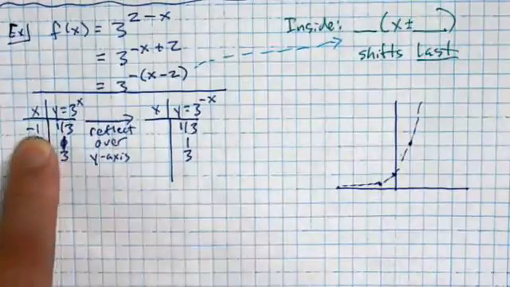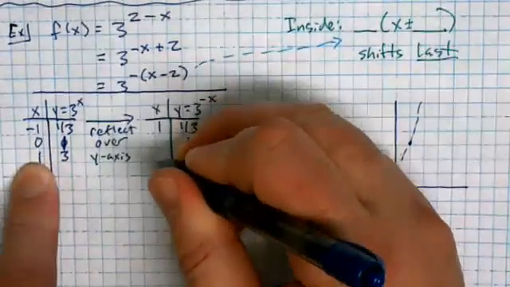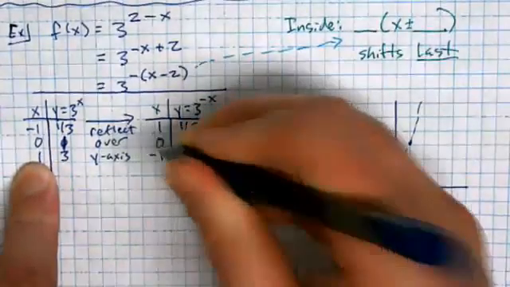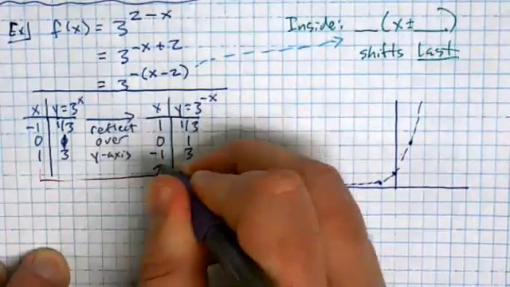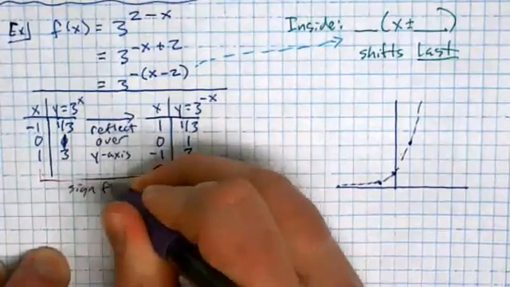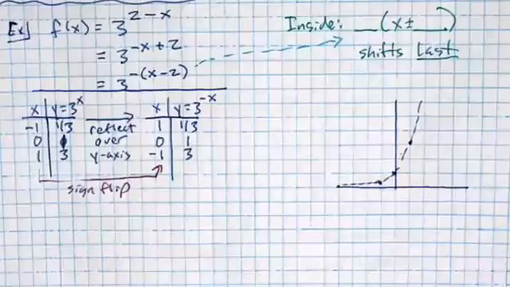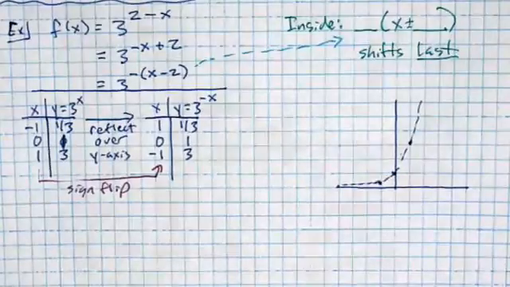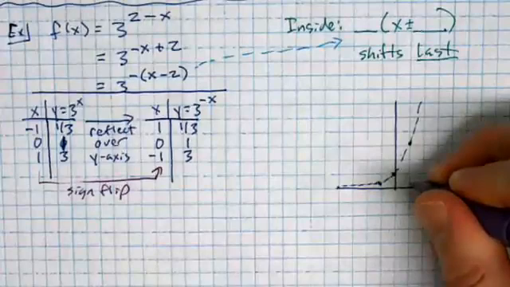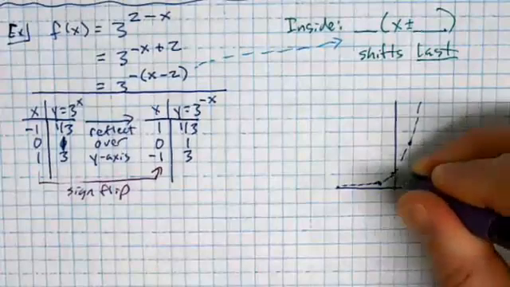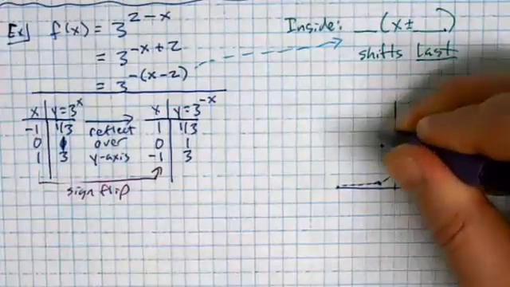So a -1 becomes a +1, +1 becomes a -1, and 0 stays 0. So we're just doing a sign flip. So that point didn't change, that one did.